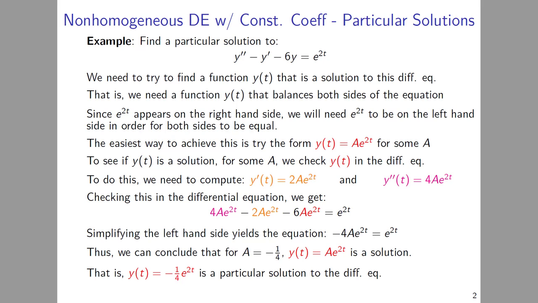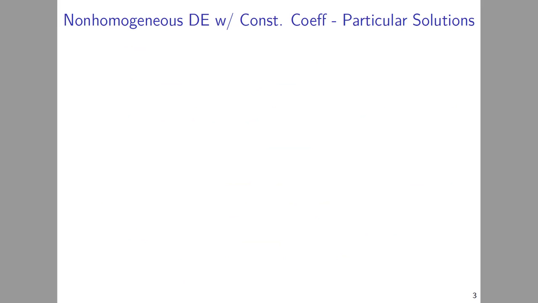This method of finding a particular solution is called the method of undetermined coefficients. To continue this example, now let's find the general solution to y'' minus y' minus 6y equals e to the 2t.